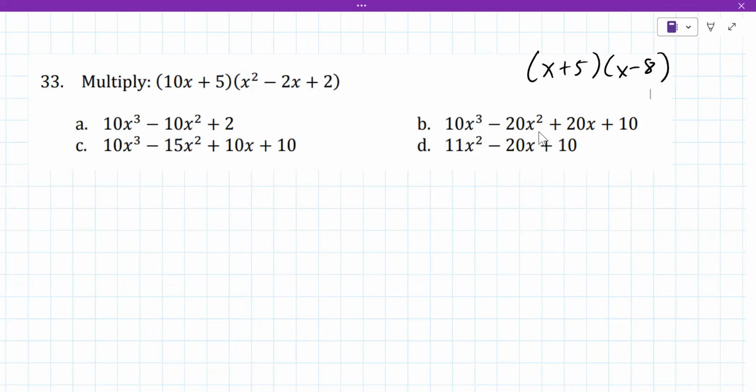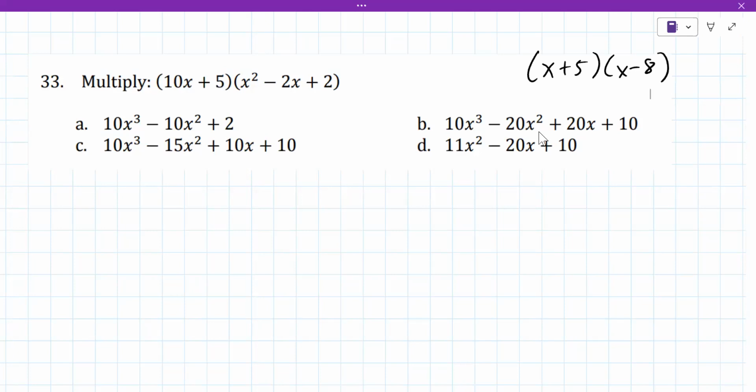And then you have 5x squared minus 10x plus 10.